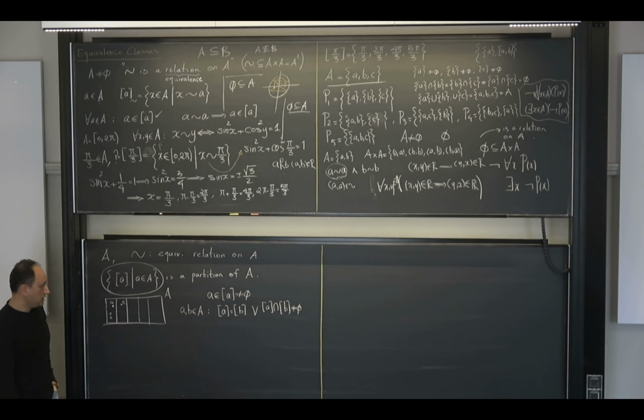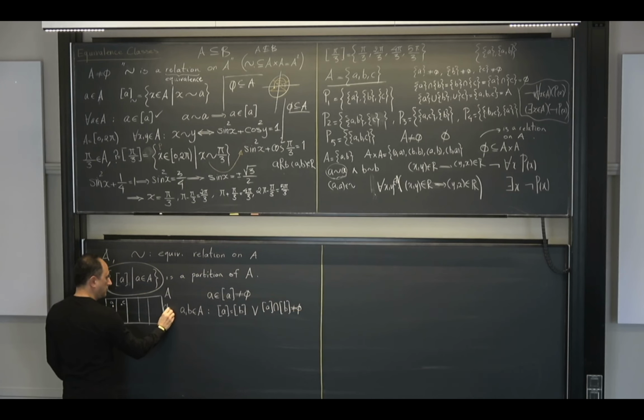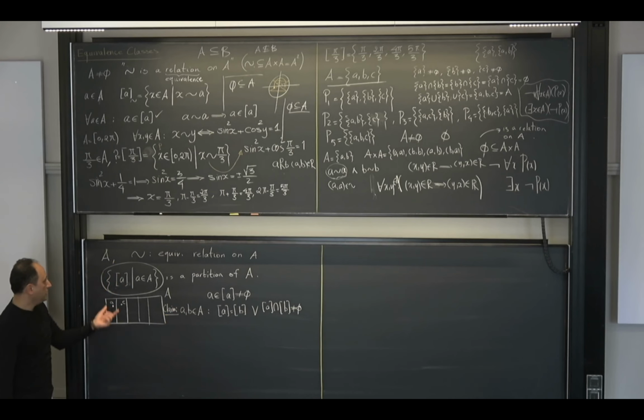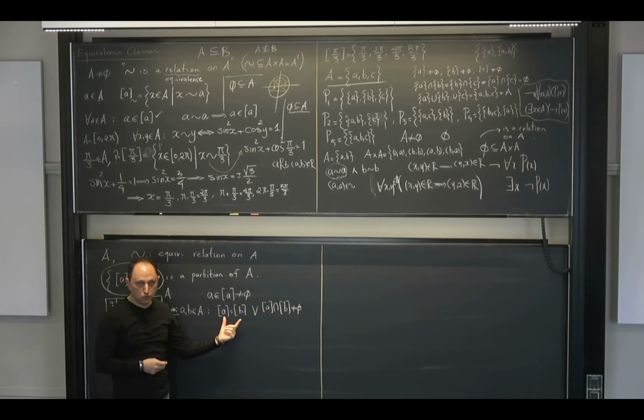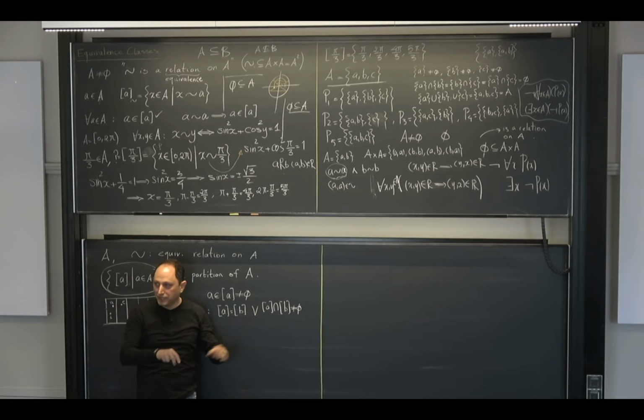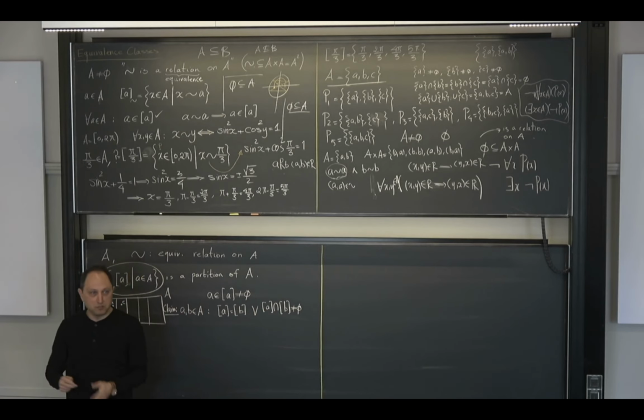Okay, so this is my claim. So let me write the claim. I want to show that if you pick two elements from your original set and look at the equivalence classes, there are two extreme cases that can happen. Either they are completely equal or they are completely separate. There's nothing in between. Okay? So this means or.